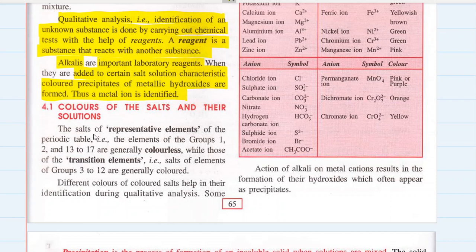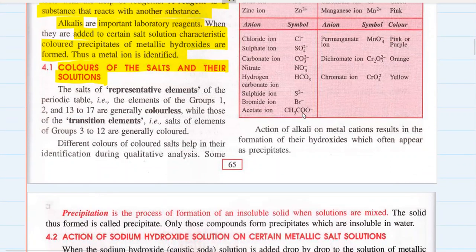Okay, so color of the salts and their solution, we should already have this database available with us, which is already given here, and with the help of this data, which shows the name of the metallic ion and their respective color in the solution, we should be able to identify the metallic ion present in an unknown solution using our qualitative analysis of analytical chemistry.